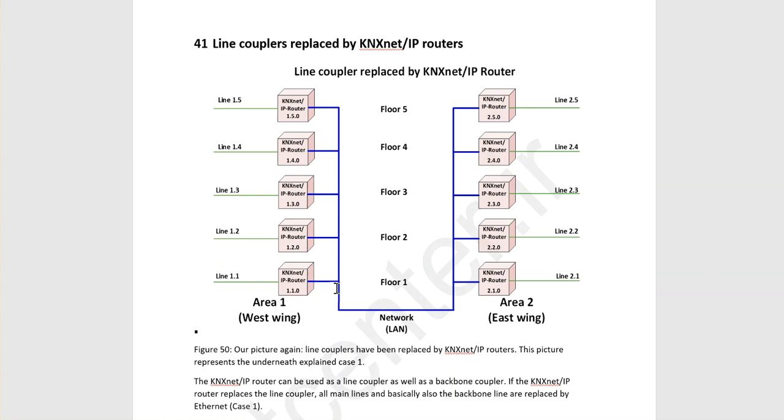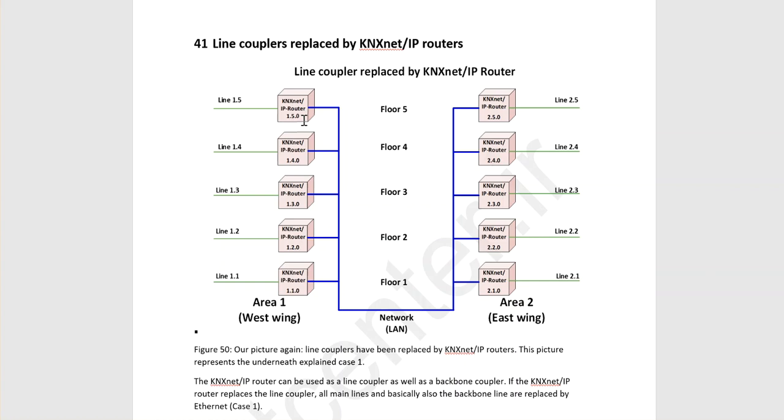Instead of each line coupler, you have the IP router with the same physical address as the line coupler. And of course the IP router provides you the full functionality of the filter table, and it can balance and control the data traffic in the system.